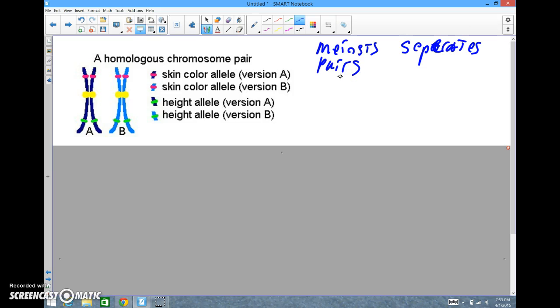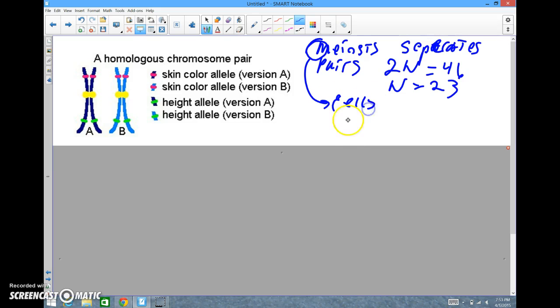So if a human has 2n chromosomes, which equals 46, that means that they have n pairs, which is 23. And this process of meiosis is going to create cells that only have one from each pair. So let's try to wrap our head around this.